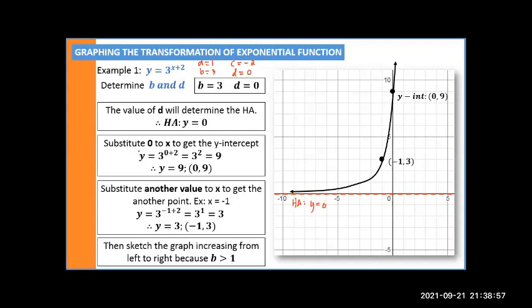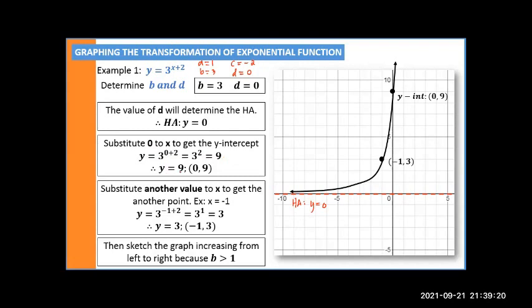And then, substitute 0 to X to get the Y-intercept. Okay? So, ito yung function natin. Substitute natin yung 0 sa x. Kaya magiging y is equals to 3 raised to 0 plus 2. Magiging 3 raised to 2 kasi 0 plus 2 is 2. So, 3 squared is 9.